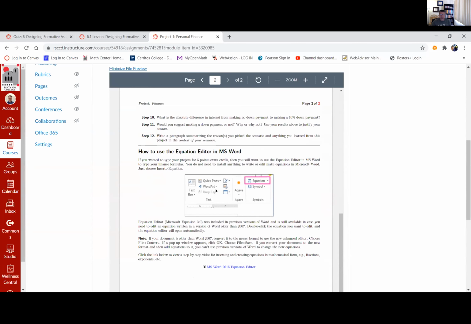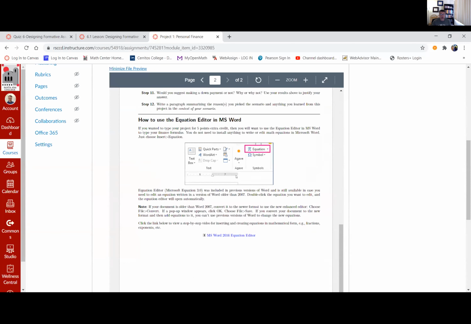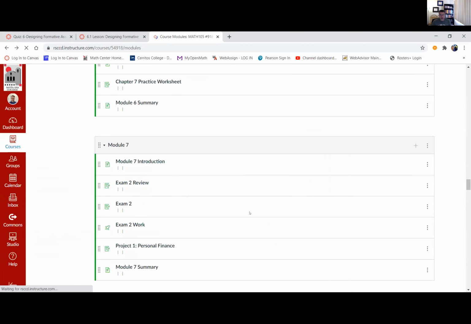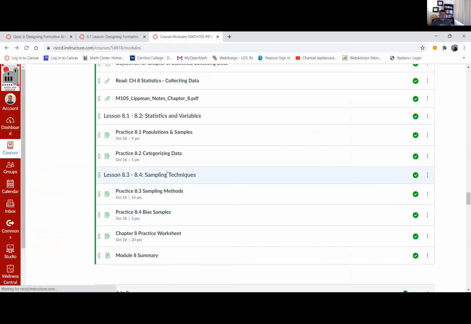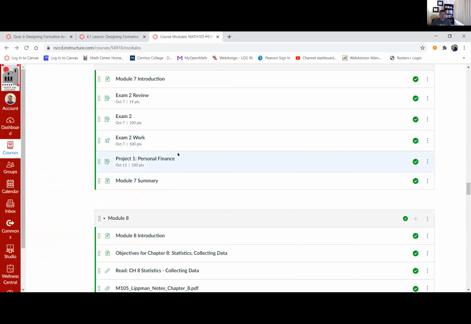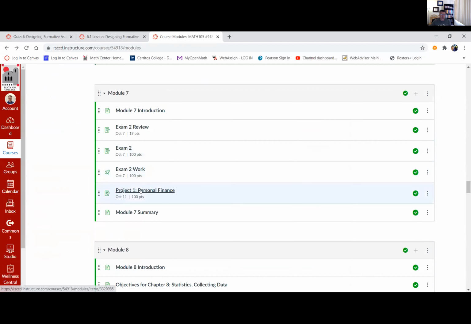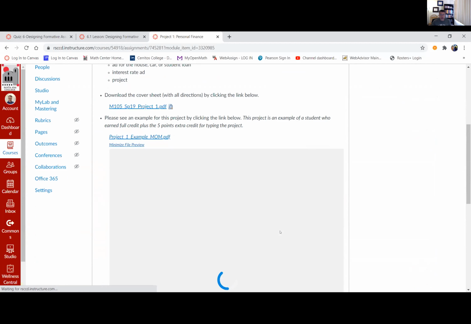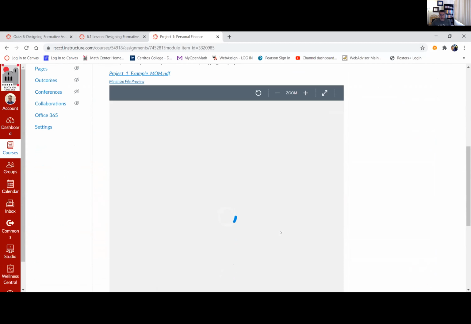If you want to use an equation editor, here's how you use an equation editor in Microsoft Word. There's also an example of someone who got full credit on this last time.